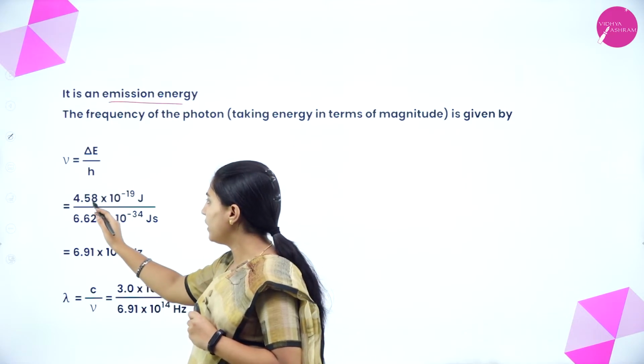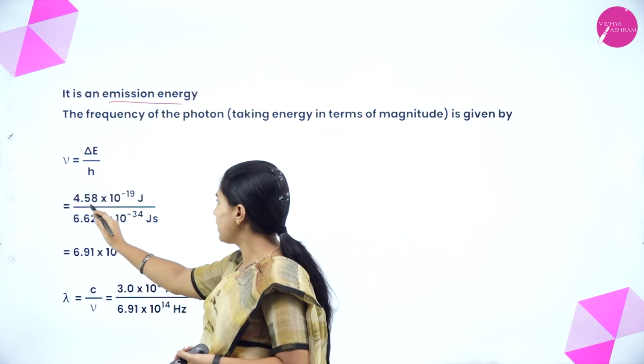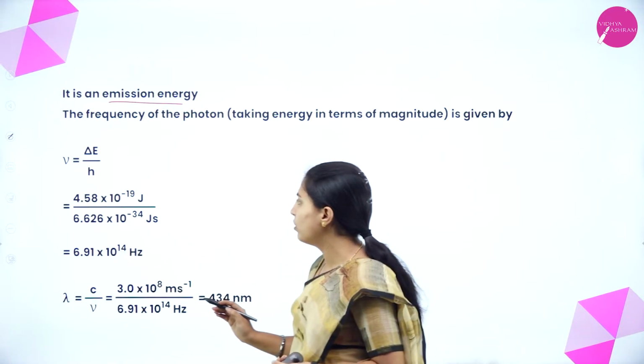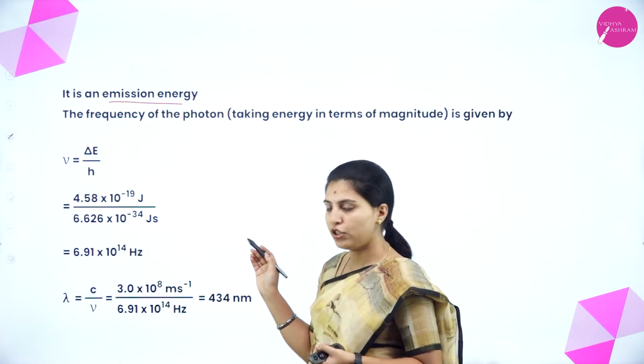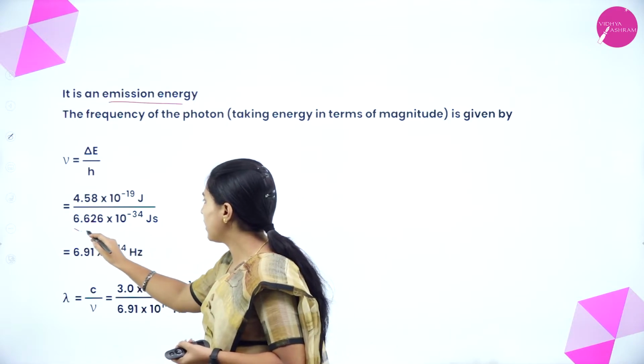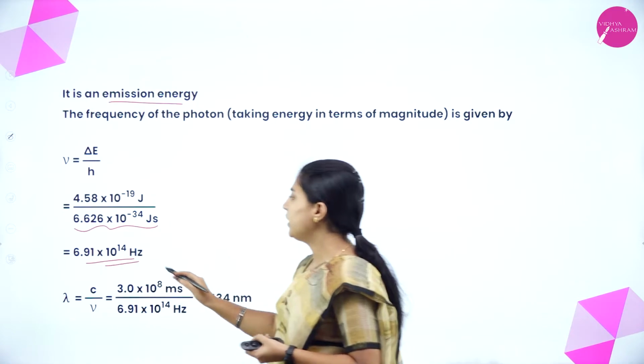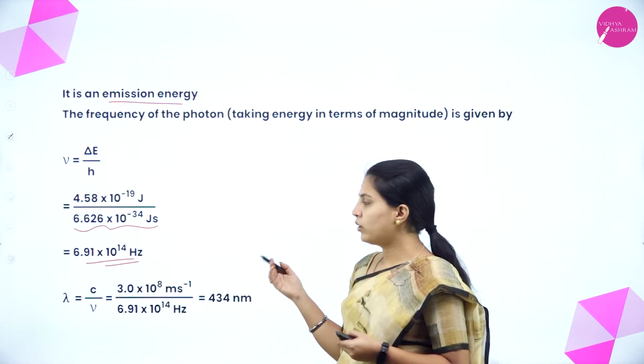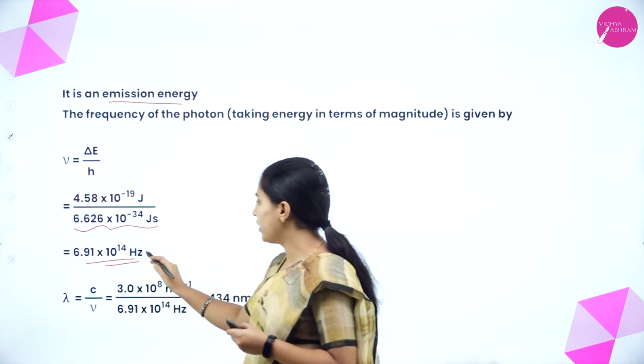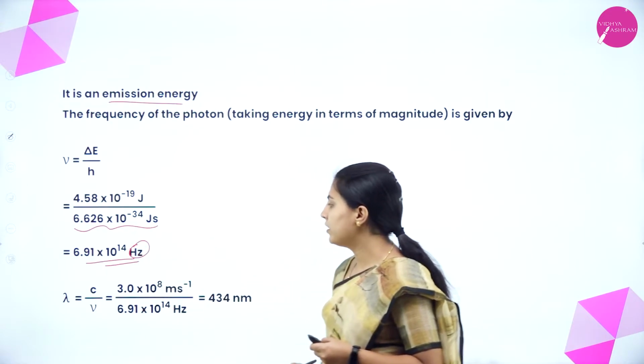What is delta E? We got previously 4.58 into 10 to the power of minus 19 joules, divided by Planck's constant, which is a constant. After that we will get 6.91 into 10 to the power of 14 hertz. Frequency we always have to write in terms of hertz.